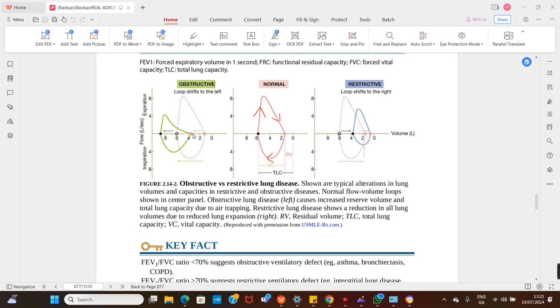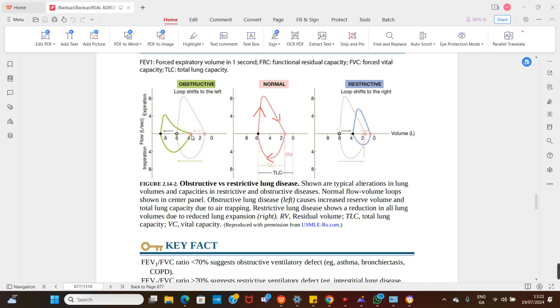Now it means that after the person has done the first forceful expiration, what is remaining in the lungs is this 3.8. The person has forcefully exhaled, so what is remaining in that lung is the residual volume, and it is 3.8.